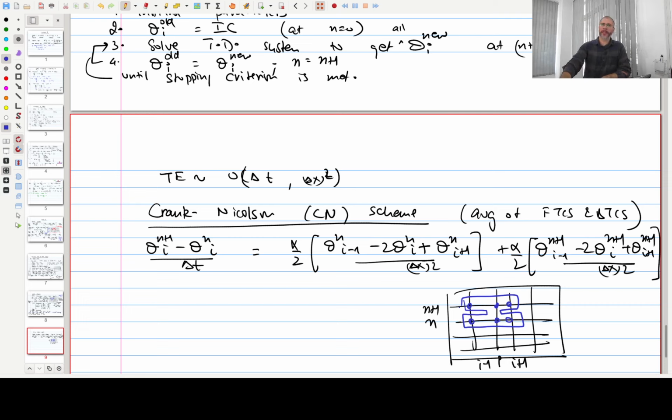So theta n plus 1 at i minus 1, i and i plus 1, which go on the left hand side if I rearrange the equation, and theta n at i minus 1, i and i plus 1, which go on the right hand side, plus any constant terms as well. So this is the stencil of the Crank-Nicolson scheme.